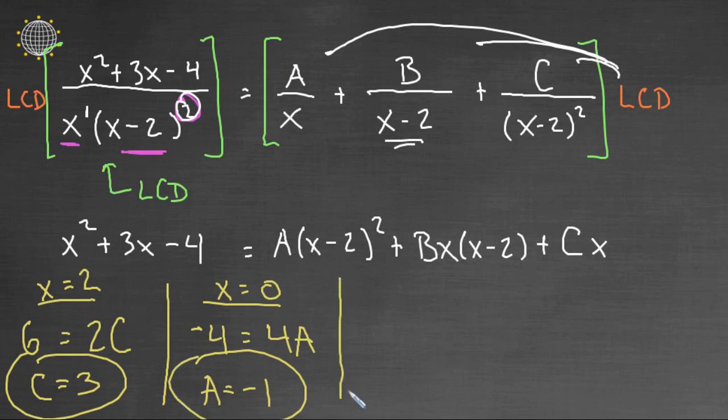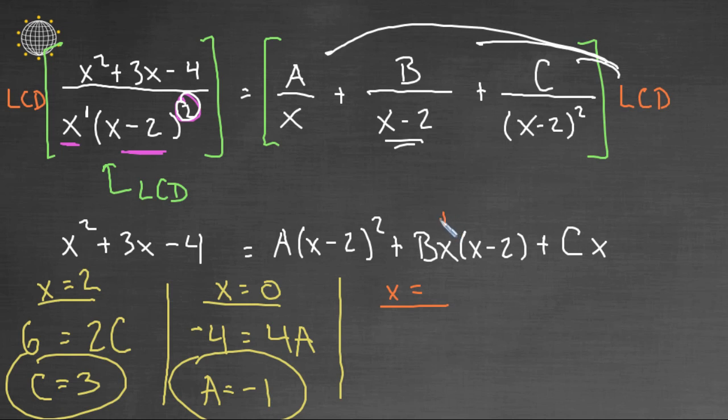Now this problem has a little twist. The previous examples did not have this problem, but here's a very common issue. Matter of fact, I'll even change the color so we can see the difference. If I'm looking for another x that would make the a and the c go away so that I can find b, because I don't know b yet, I run into a snag.